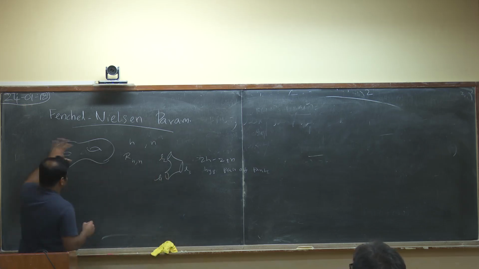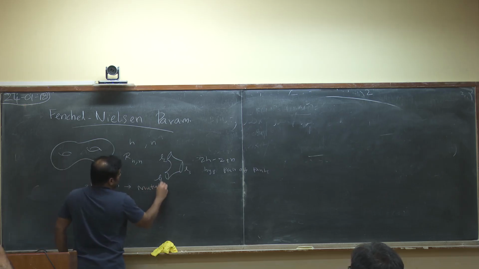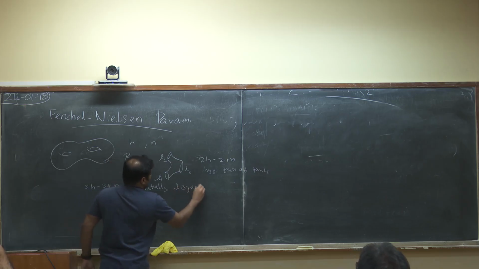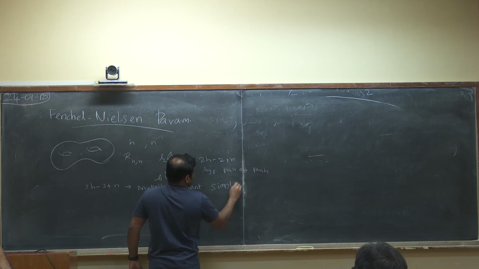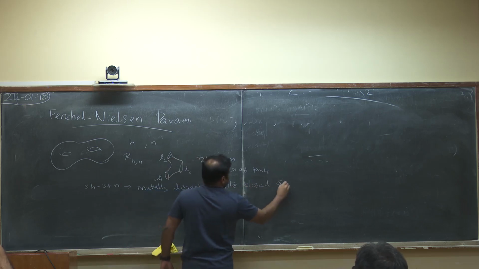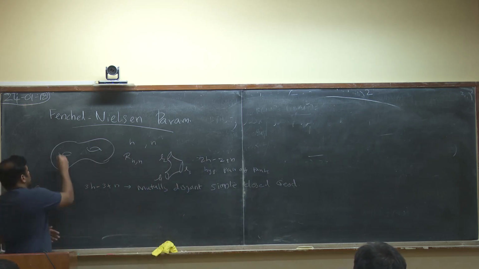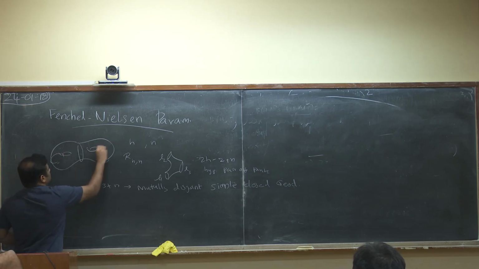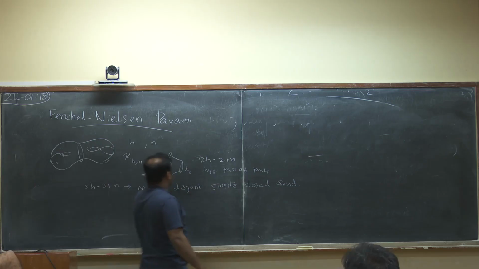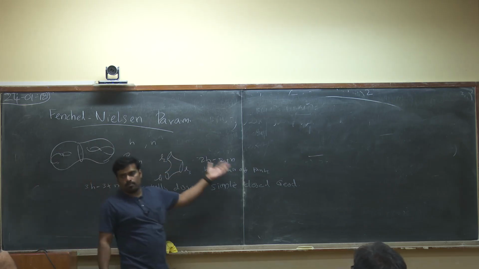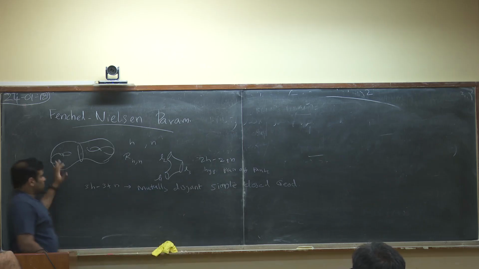And then, you can start from a genus h Riemann surface with n boundaries, and find 3h minus 3 plus n mutually disjoint simple closed geodesics such that once you cut the surface along these geodesics, in this case one possibility is of this kind, you are producing 2h minus 2 plus n hyperbolic pairs of pants. So you have 3h minus 3 plus n simple closed geodesics.